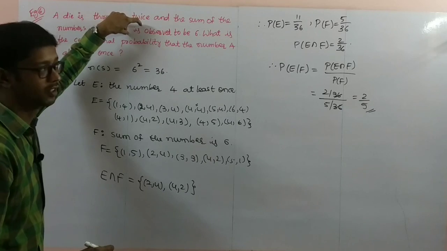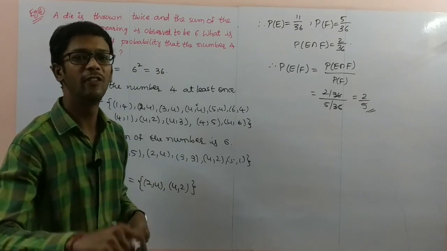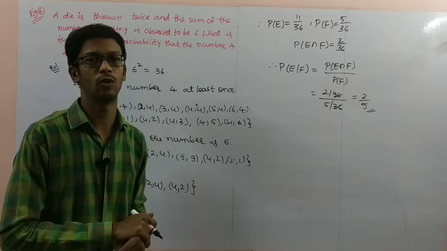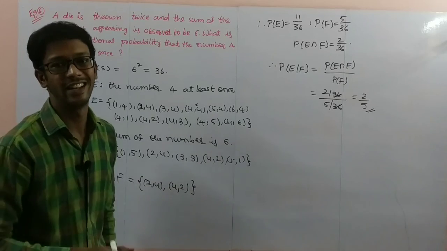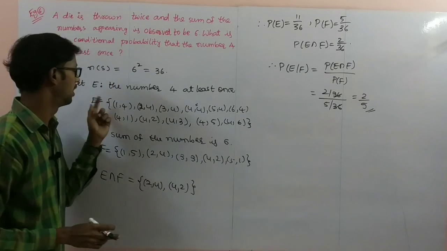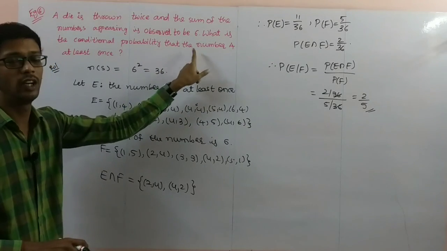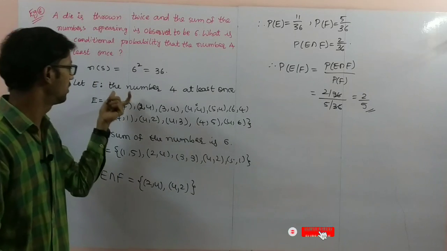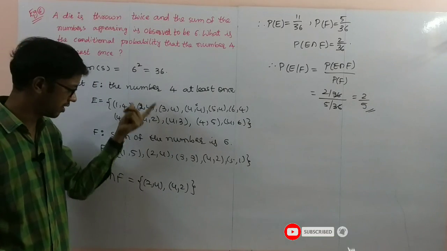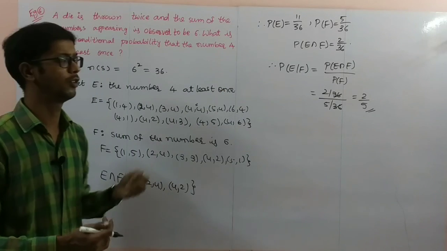Here F is first, second one is E. In all problems we are discussing, the given condition is what you have to take as F. This is already given: the sum is observed to be 6. That's why I am taking that as F. Next, the conditional probability of a number, which one they are asking? That is the first event, that is E. So the rest is just formula substitution. So pause the video to note it down.